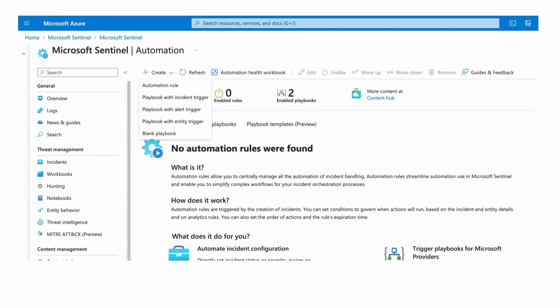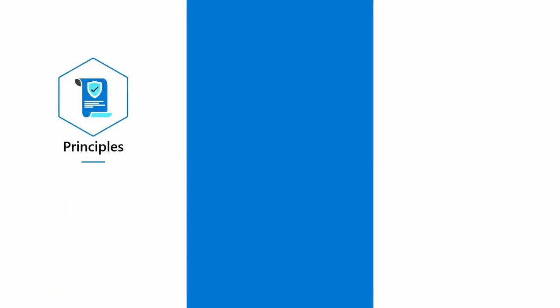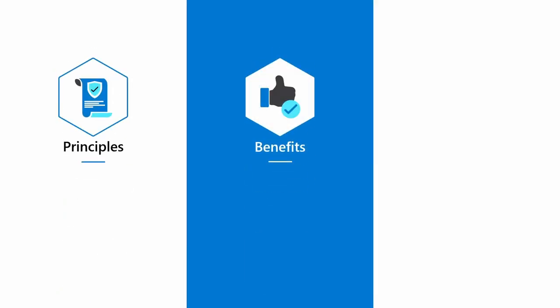Again, Microsoft Sentinel can aid in these tasks. This is a screenshot of the automation page of the Microsoft Sentinel portal. It shows enabled playbooks and rules, as well as other features for managing and monitoring security tasks. These are the fundamental principles and some of the benefits of VAST.